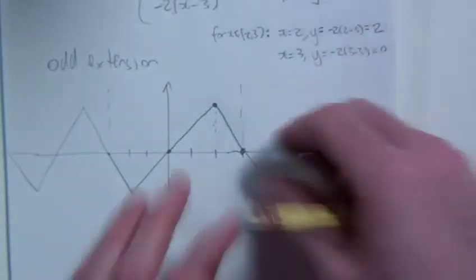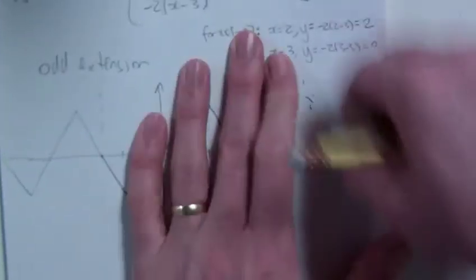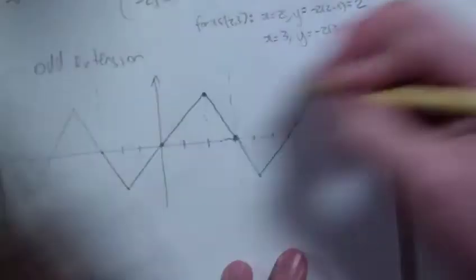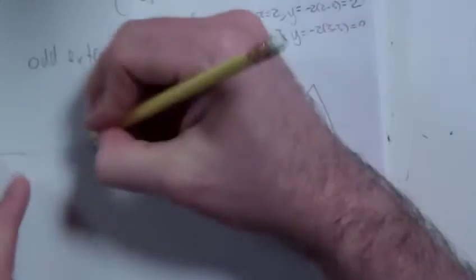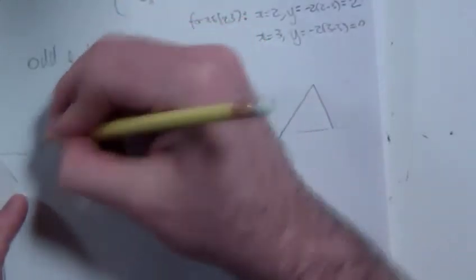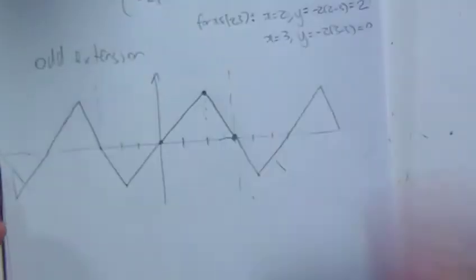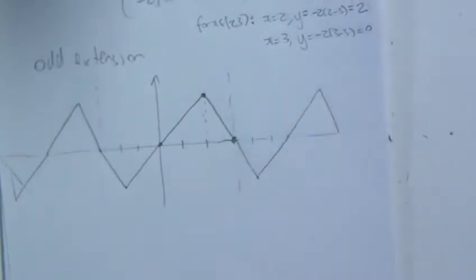Except I should really be more careful about what it looks like. It's not quite so symmetrical, is it? Anyway, you get the idea. I'm copying it. But it's this bit that I'm really interested in here.